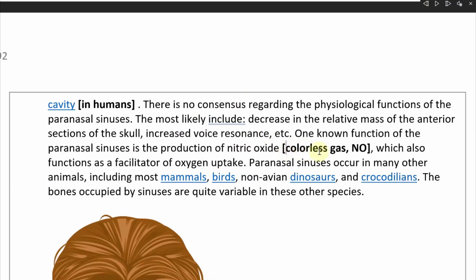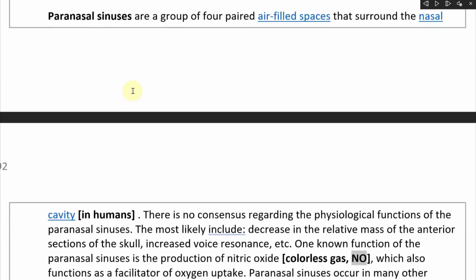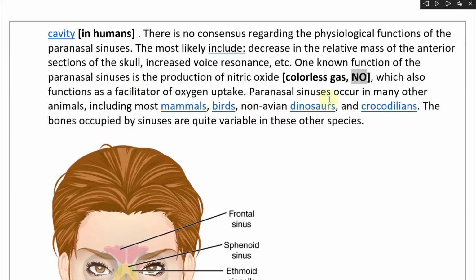And yeah, here's a note here. Nitric oxide is a colorless gas, formula NO, which also functions as a facilitator of oxygen uptake in the paranasal sinuses. Paranasal sinuses occur in many other animals, including most mammals, birds, non-avian dinosaurs, and crocodilians. The bones occupied by sinuses are quite variable in these other species.